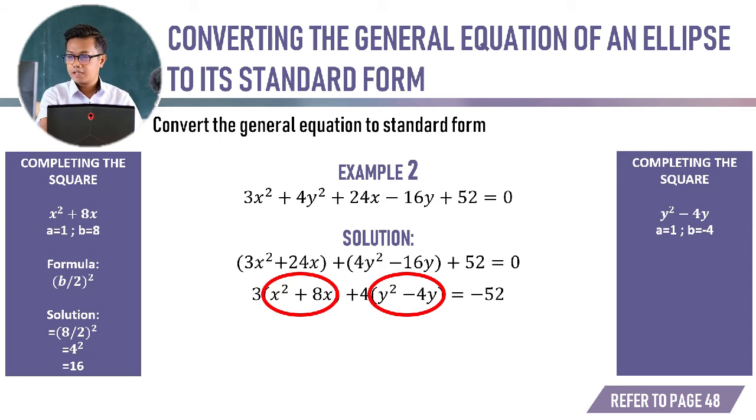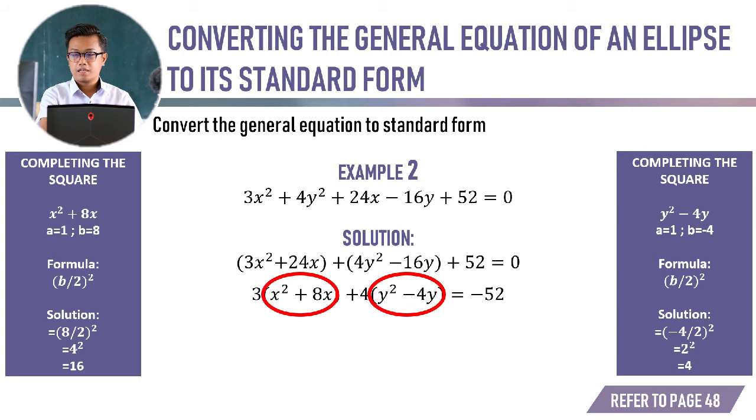Okay? And then, again, your formula is b over 2 squared. Therefore, your solution would be negative 4 over 2 squared. Simplifying what is in the parentheses, that is equal to negative 2 squared, and then simplifying further, that is equal to 4.